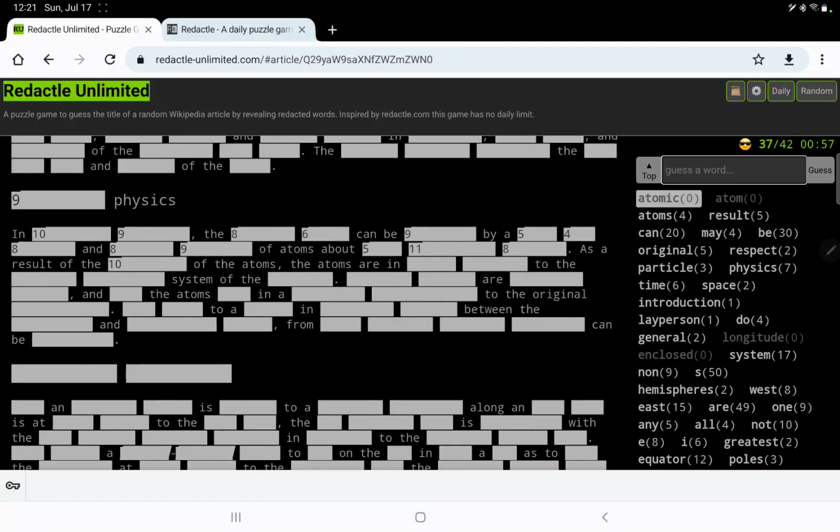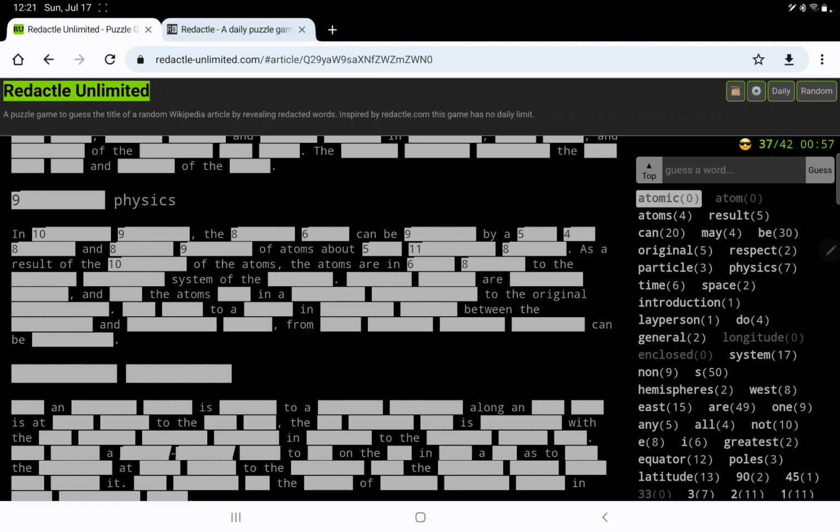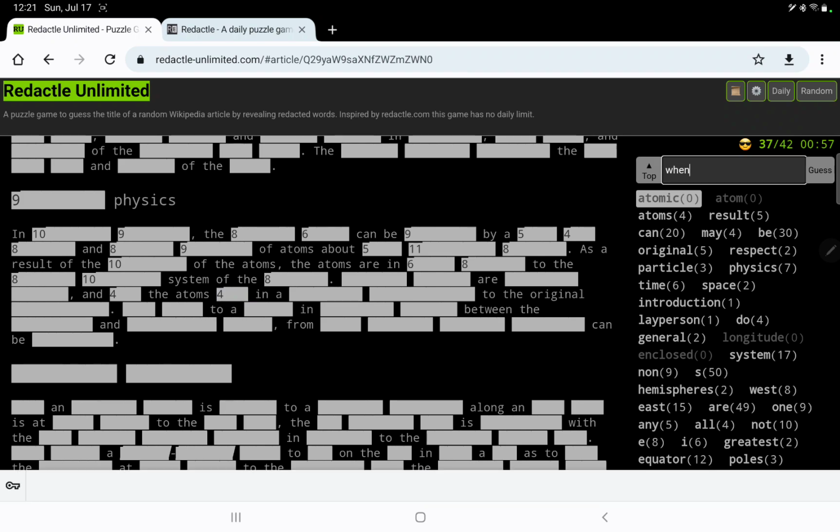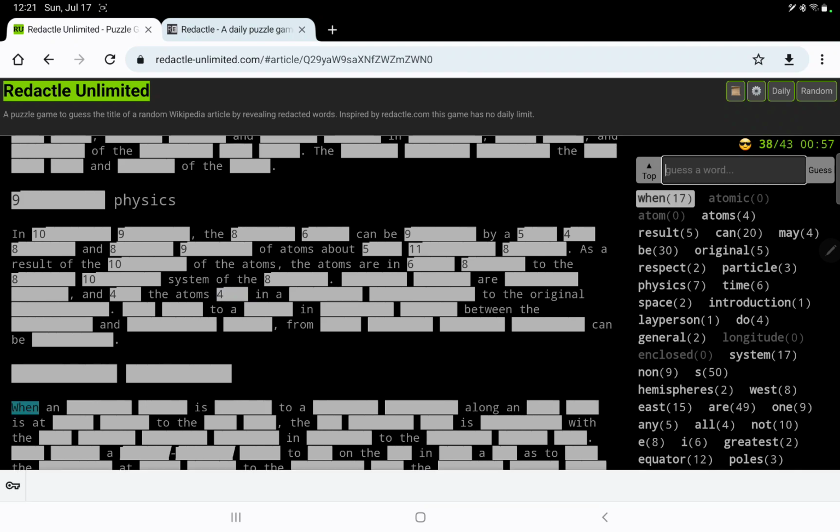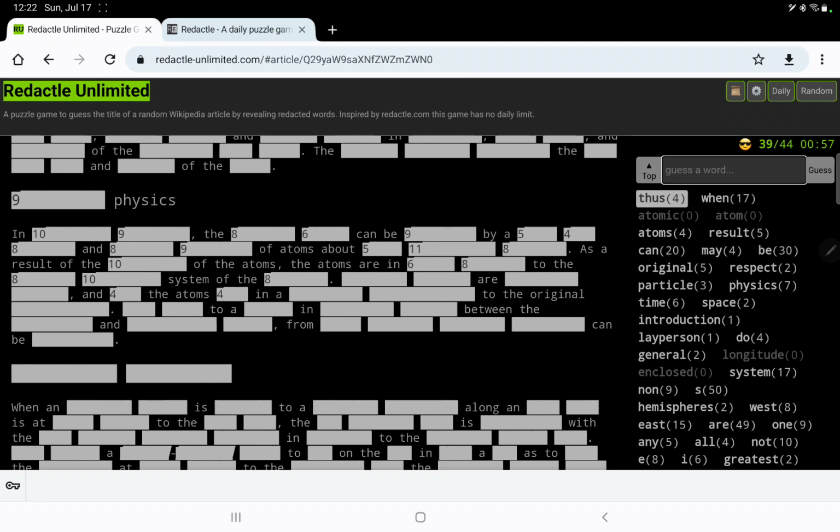"As a result of the something of the atoms are in..." Okay. Maybe "and when the atoms"? No, there is a "when". There are actually 17 whens. Maybe "and thus"? No. And then?